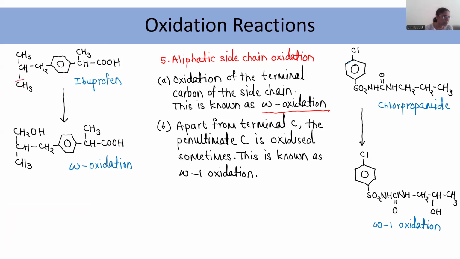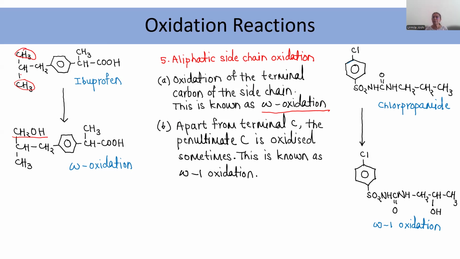So this carbon or this carbon, both these are terminal carbons. So oxidation of the terminal carbon converts the CH3 to CH2OH. Since the terminal carbon is called the omega carbon, this oxidation reaction is known as omega oxidation.